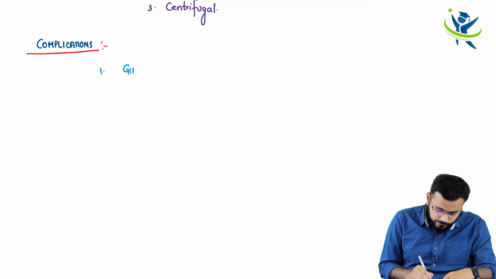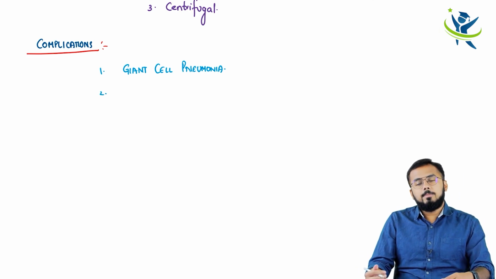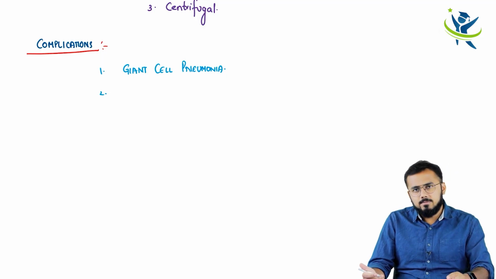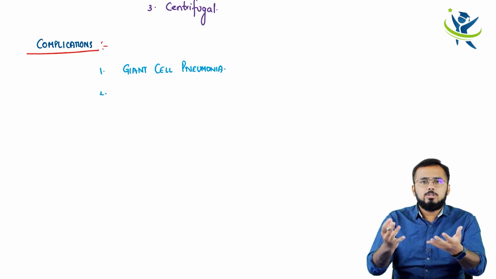Just remember it. Apart from this giant cell pneumonia, the patient will also have subacute sclerosing panencephalitis. It means there will be complete sclerosis of your brain tissue.